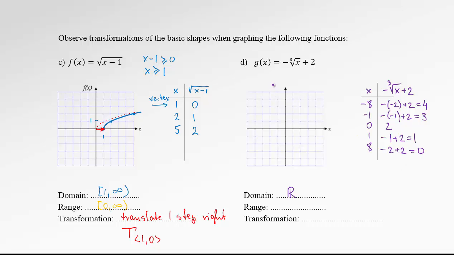Okay, we are ready to plot. This will be the g of x function. Negative 8, that will be approximately here, result in a value of 4. So it's somewhere here. Negative 1, 3, 0, 2, that's this point, 1, 1, and 8, 0, somewhere here.